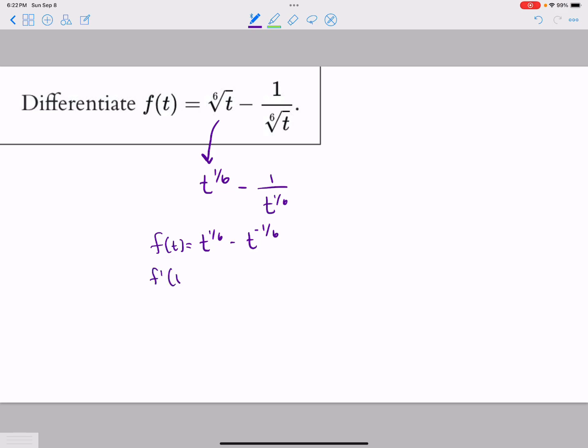So when I do the derivative, you bring down the 1/6 and subtract 1 from your power. When I bring down the -1/6, this becomes positive, and -1/6 minus 1. And then just doing the addition or subtraction of the fractions, 1/6 minus 1 is 1/6 minus 6/6, so that's -5/6.